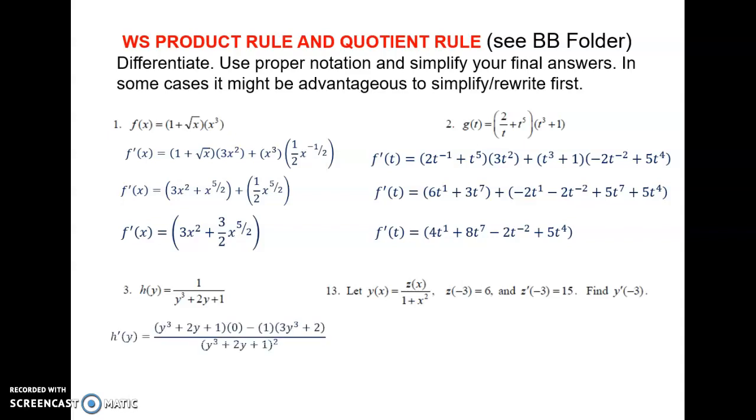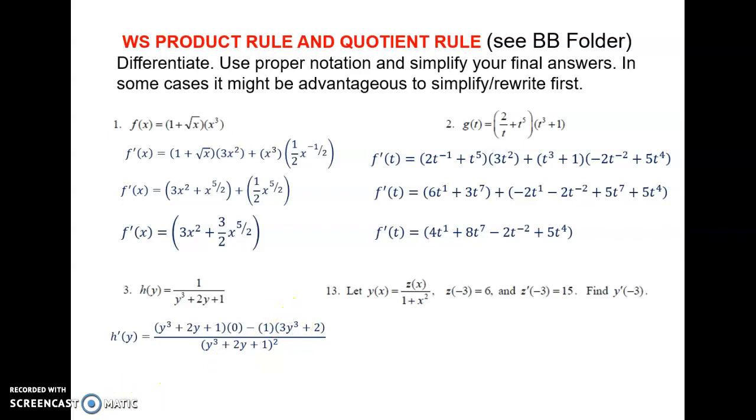I'm looking at number 3. Here we would use the quotient rule. We would say low d high, derivative of the numerator was 0, which is nice because this whole expression will now go to 0, minus high 1 times the derivative of the denominator d low, which is 3y cubed. Oops, I'm sorry, that should be y squared.